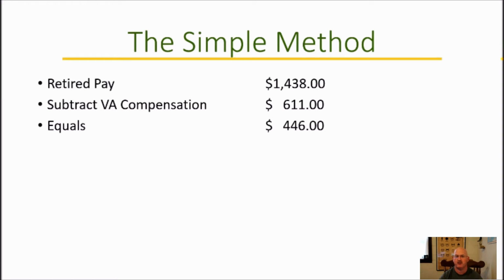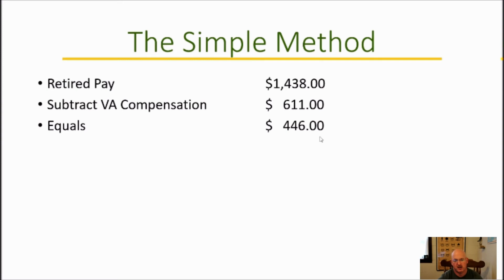We've already computed what retired pay is on the disability side, and we know what 50%. Did I mess that up again? Yes, I did. Anyway, we'll just take these numbers as they are. We won't worry about the percentages now.